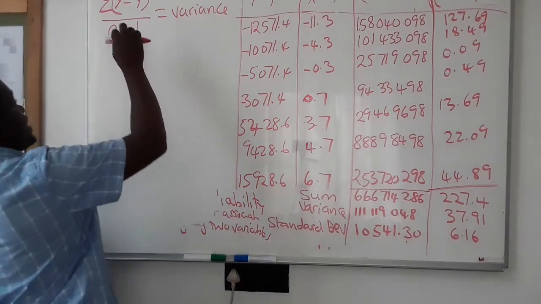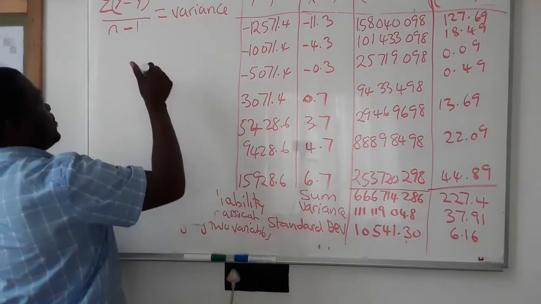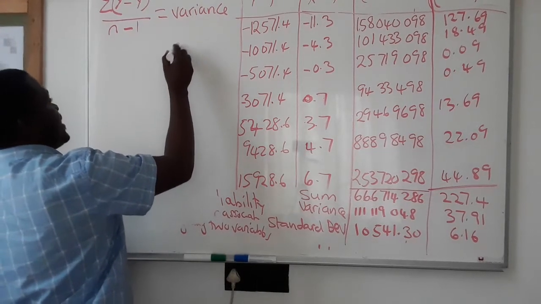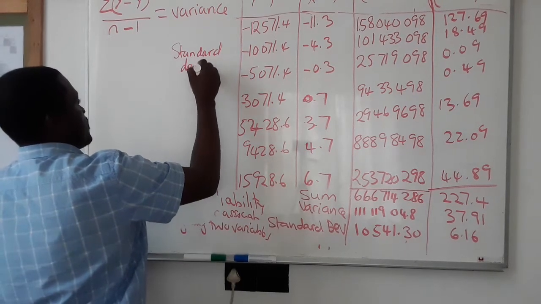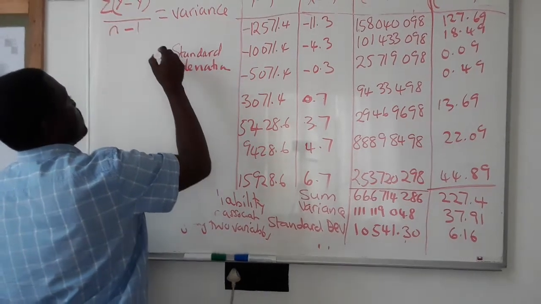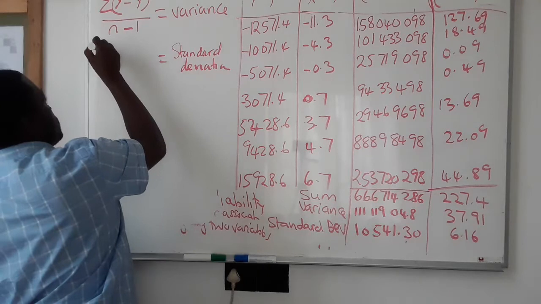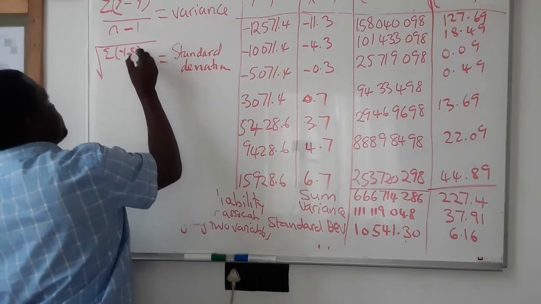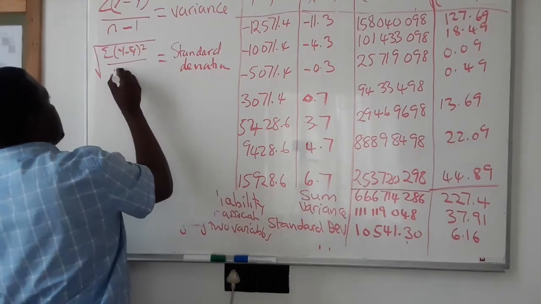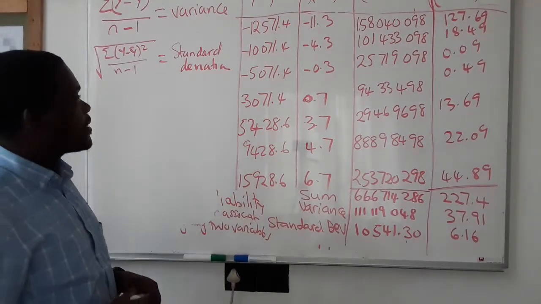If we take the square root of this, we get what is called the standard deviation, the square root of the sum of y minus y bar squared over n minus 1.